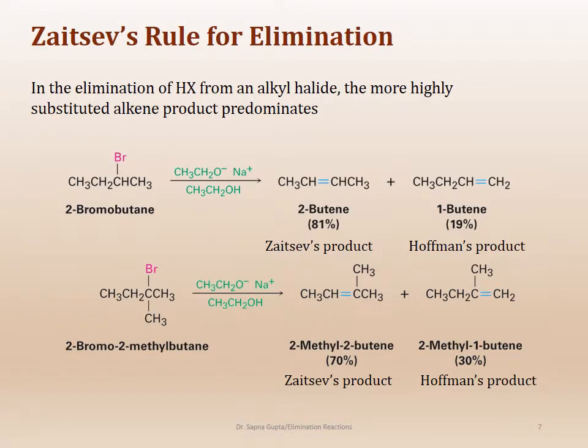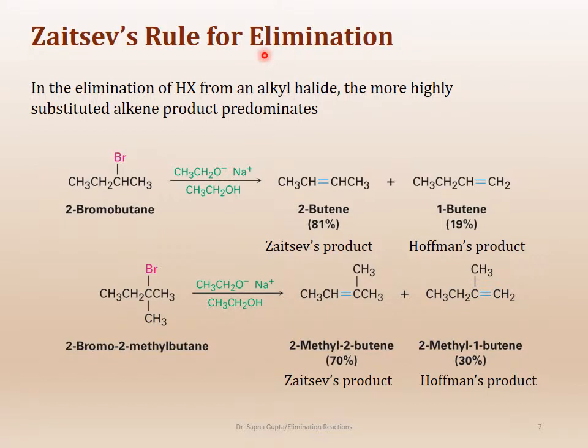Now let's look at some of the things that are really quite unique for elimination reactions. We had some unique things for SN1 and SN2 also, like inversion of configuration and all those kinds of things. And in elimination also, we face the same kind of issues, okay? Here, of course, you don't have stereochemistry because it's a double bond, but there's another thing called Zaitsev's rule, okay?